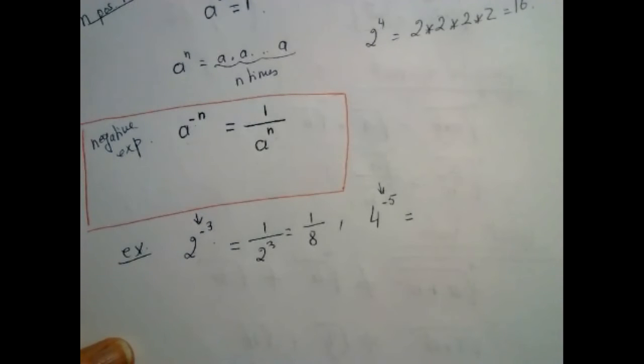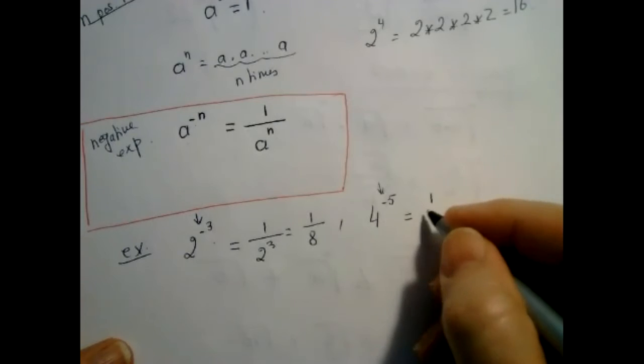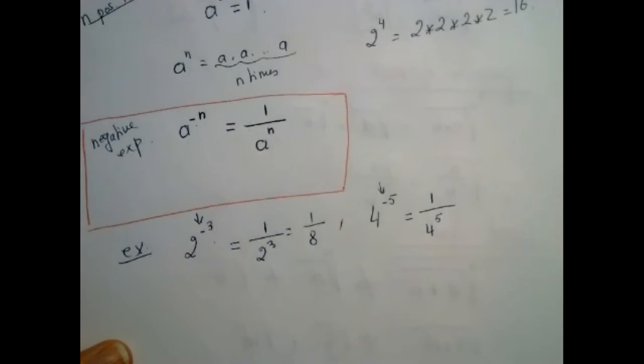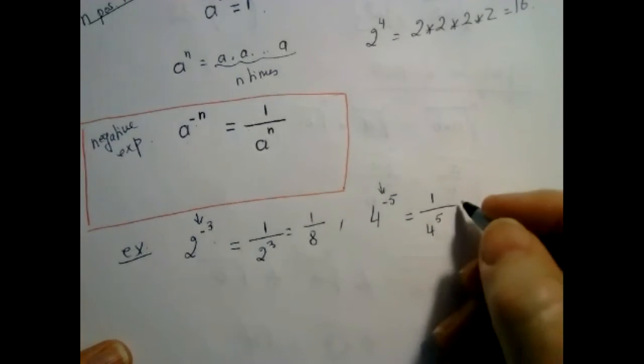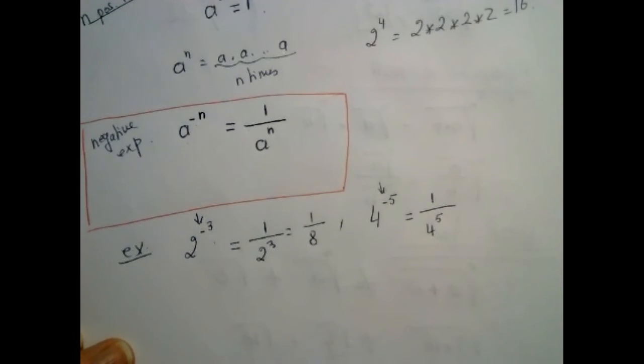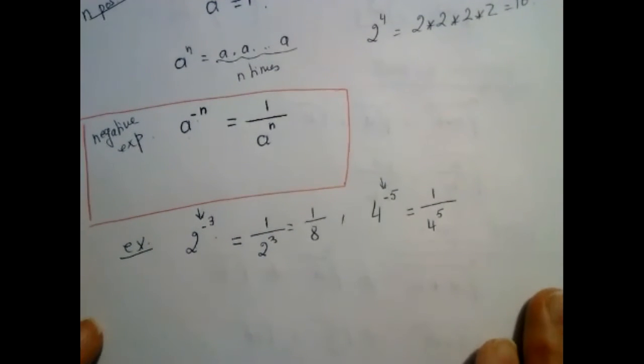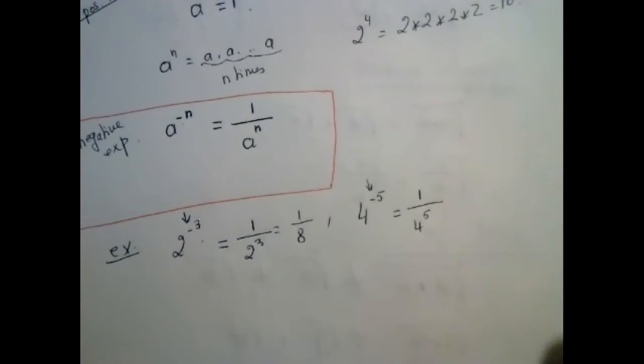You guys are way too quiet today. It's 1 over 4 to the 5. If you have a negative exponent, it means 1 over 4 to the 5. I don't even know what 4 to the 5 is, but I don't think I care. That's what a negative exponent means.